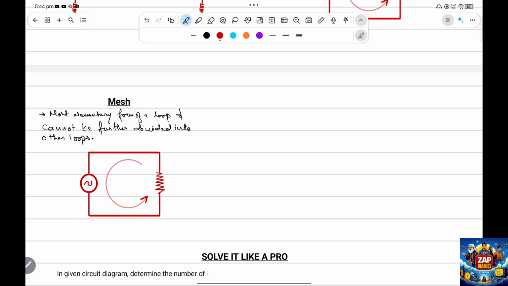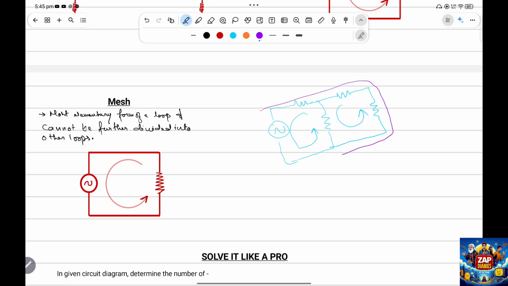Let's take this as an example. Say I have a voltage source over here. This is a loop. Okay, this is a very basic loop. This loop we call a mesh. If I extend the circuit, then it forms two loops.